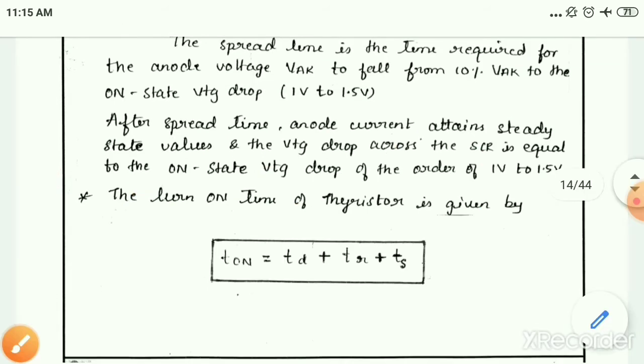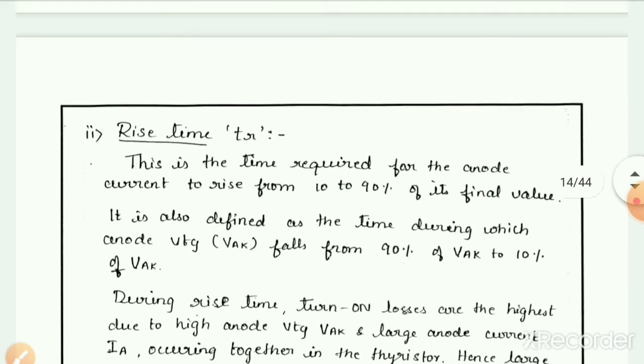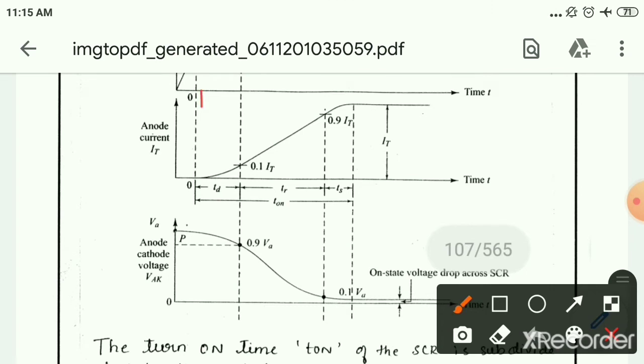After the spread time, the anode current attains the steady state value, and the voltage drop across the SCR is equal to the on state voltage drop. So the turn on time of the thyristor, as indicated in the figure, is Ton. Ton is the period in which the current increases from 0 to its final value, called the on period.